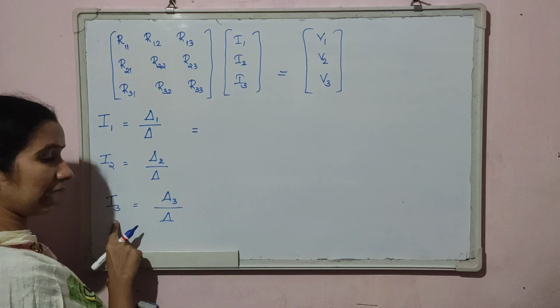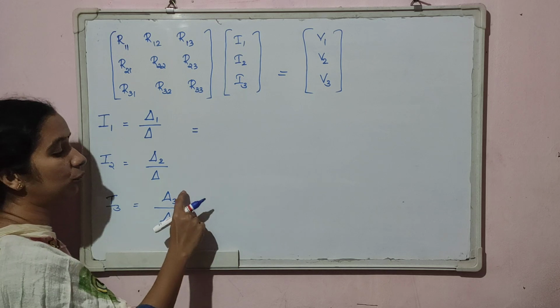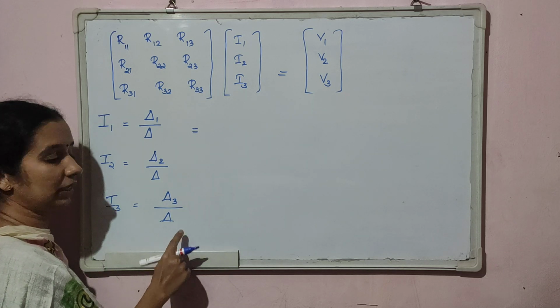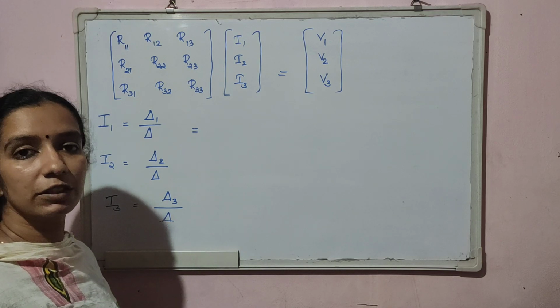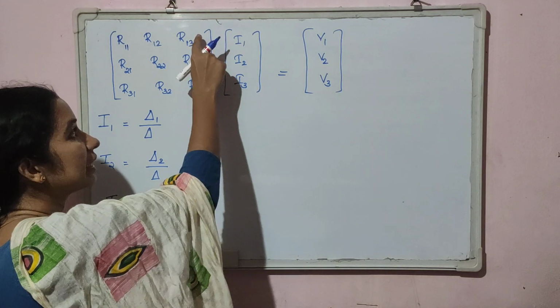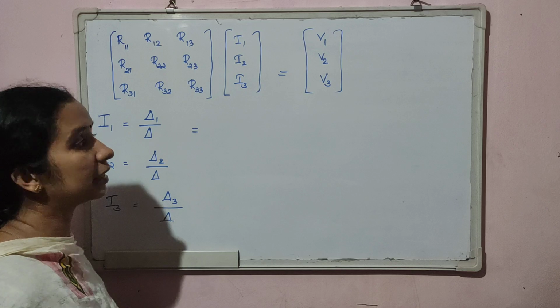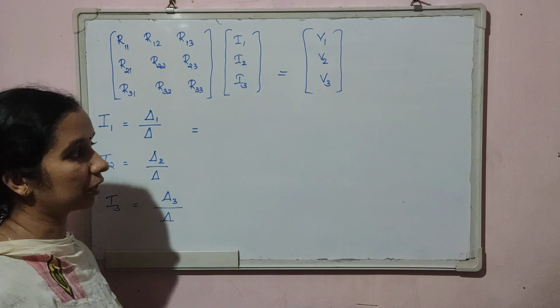While calculating I2, we calculate delta 2 by delta, where delta 2 is the determinant of the matrix obtained by replacing the second column by the voltage matrix. For I3, we do delta 3 by delta, where delta 3 is obtained by replacing the third column of the resistance matrix by the voltage matrix.